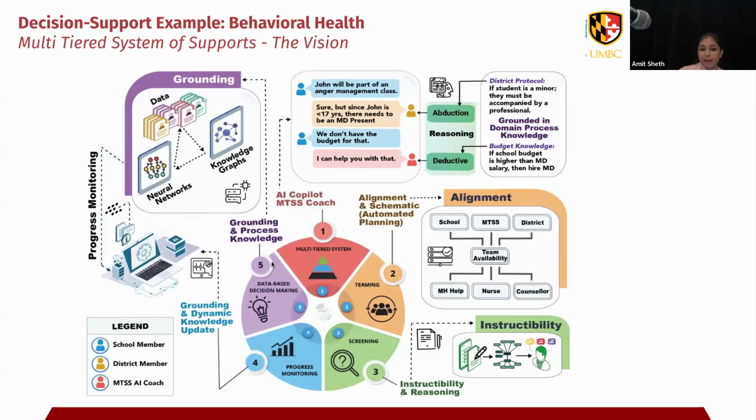So these are the 5 core elements, and how we provide an AI solution to them is, first, the AI Copilot MTSS coach or concierge is going to act as an interface between the various teams or various people who are in the framework, right?